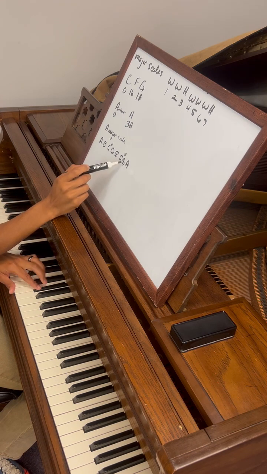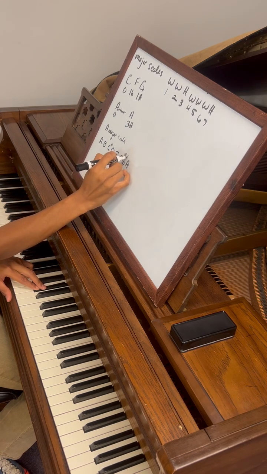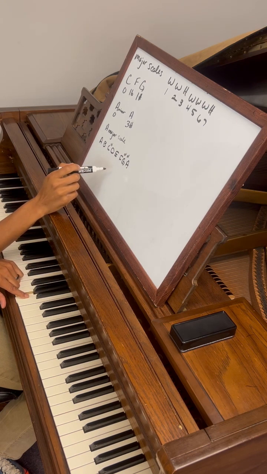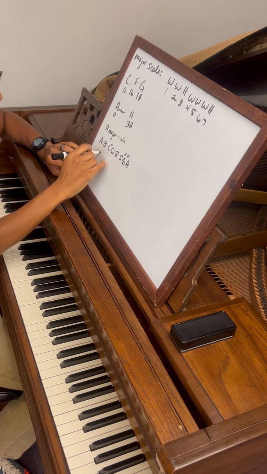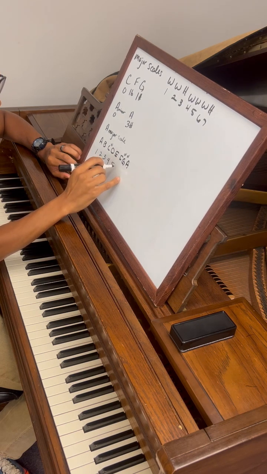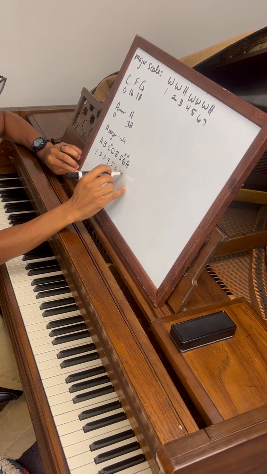So I need my last sharp, which is G sharp, and then I need a half step. A. Now we got 1, 2, 3 in that major scale, 4, 5, 6, 7, and 1 for 8.